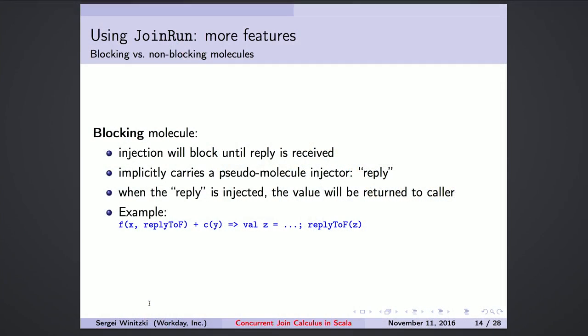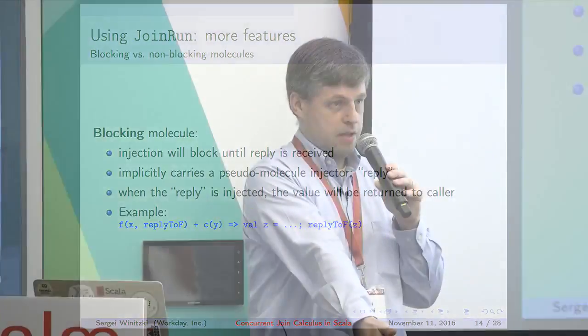Imagine that you have this molecule and you want to inject it into the soup. Now, ordinarily you just drop it and you walk away. With the blocking molecule, injection will block until this molecule starts some reaction, and then the reaction can give you a value back. Until that happens, your injection call is blocked, and you're waiting, and then you get a value back.